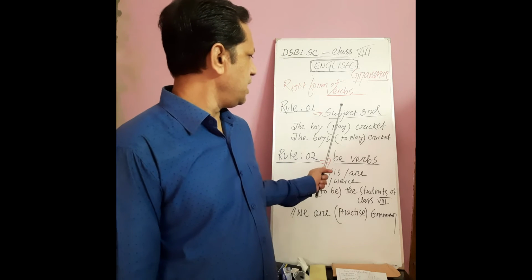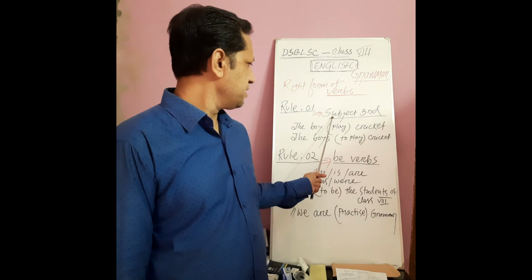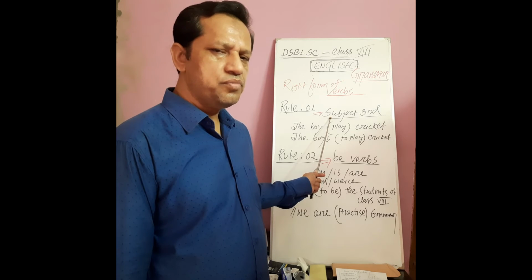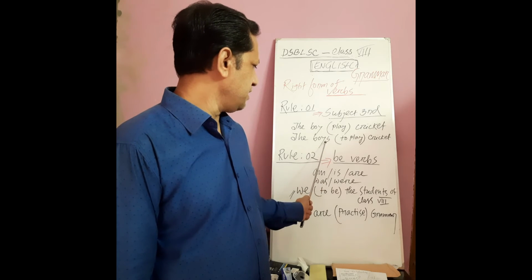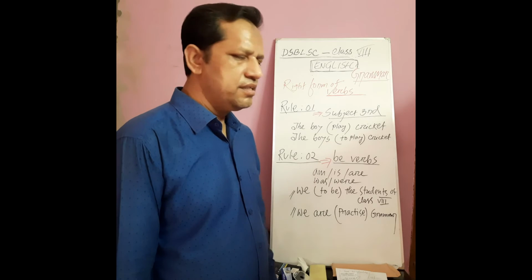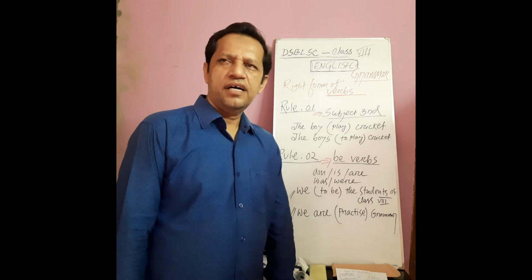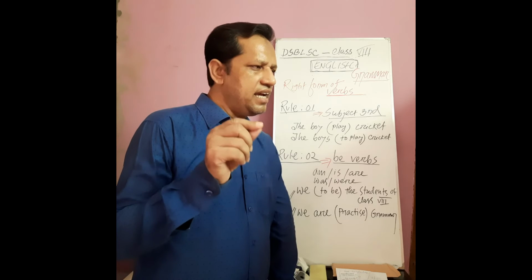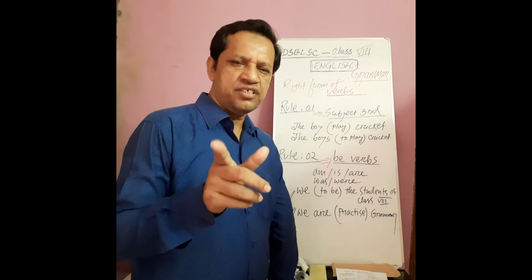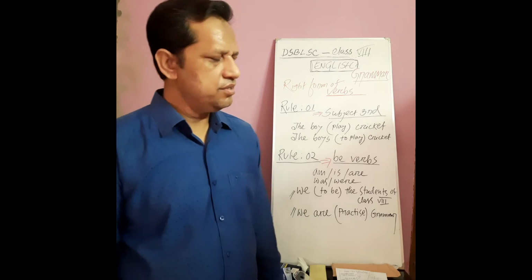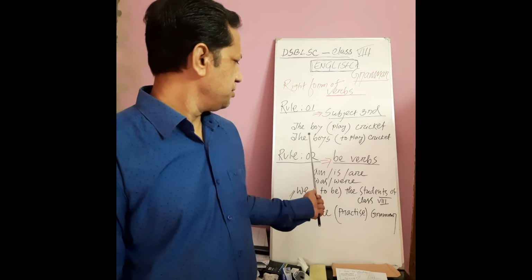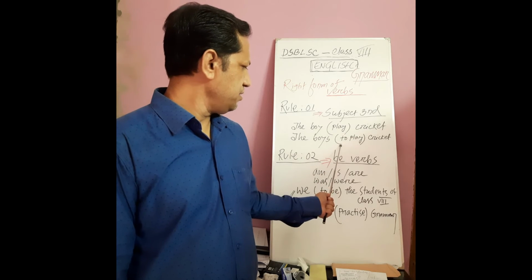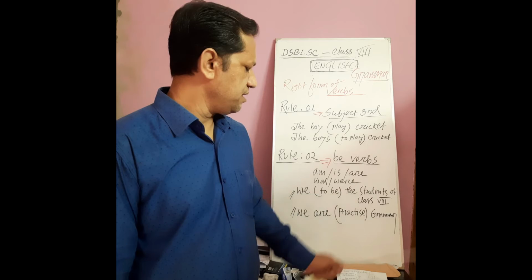If the subject is third person plural number, then the boys. Here in the present indefinite tense you need not add any s or es with the main verb. So look, the boys. Here in the bracket we can see to play.